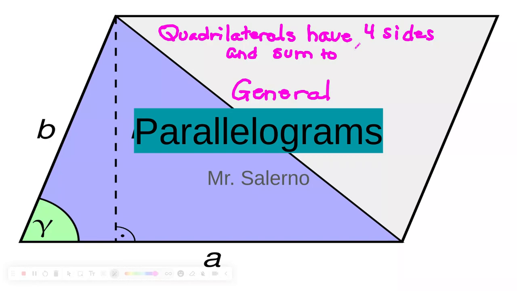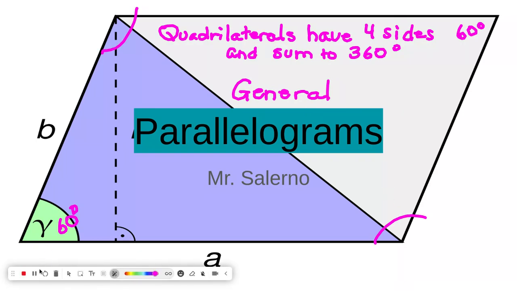So quadrilaterals have four sides and all the angles will sum to 360 degrees. Very important to know. Also very important to know to solve problems is the opposite side angles. Let's say that's 60 degrees. Well, if that's 60 degrees, the opposite angle will be the same, 60 degrees. And since the total is 360 degrees, you can figure out what that angle and that angle would be.